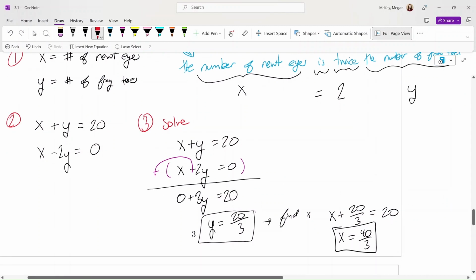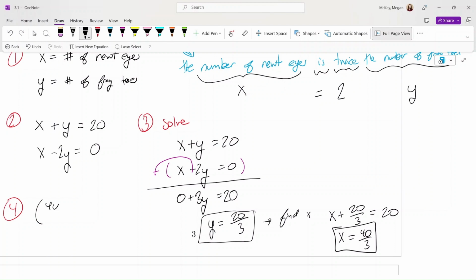But if we want to finish up with step 4, our final answer, when x is 40 over 3, y is 20 over 3.